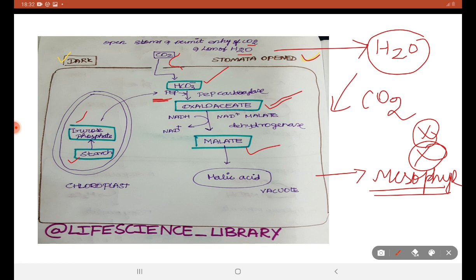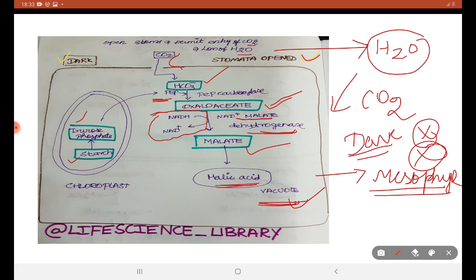Reduction takes place here. NADH is oxidized with the help of the enzyme NAD plus malate dehydrogenase, and they form malic acid. It is stored in the vacuole. So malic acid is formed in large quantities during dark time and stored in the vacuole.